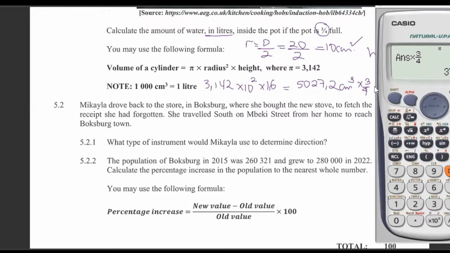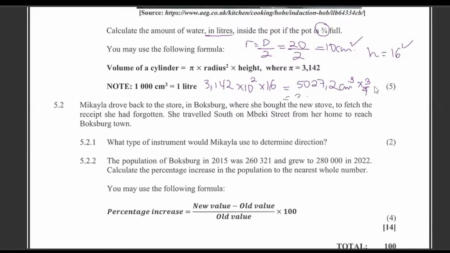So it's 3,770.4. These are still centimeters cubed. We want them to become liters. What do we do? We divide by 1,000.